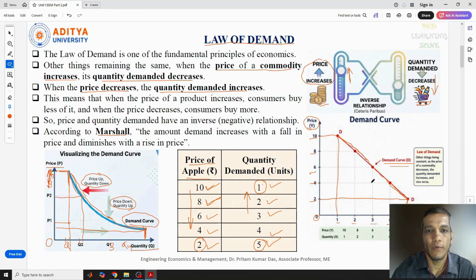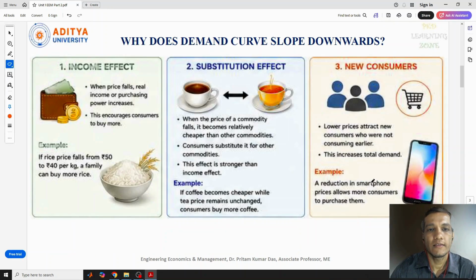Now the next point is, why does the demand curve slope downward? What are the reasons for this? The first one is the income effect. The income effect is when the price of the product falls, the real income or purchasing power of consumers increases.